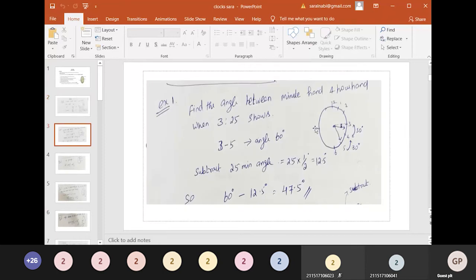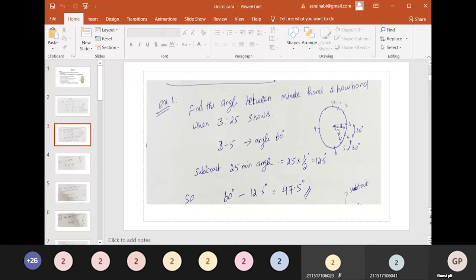The first problem: we have to find the angle between the minute hand and the hour hand when the time is 3:25 on the clock. I have drawn a diagram so you can understand what 3:25 is. This is your hour hand and this is your minute hand, and we have to find the angle between these two hands.